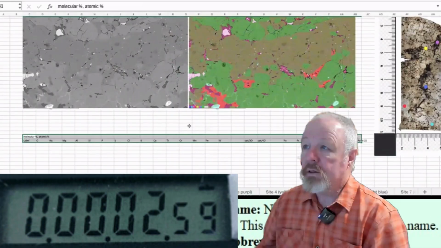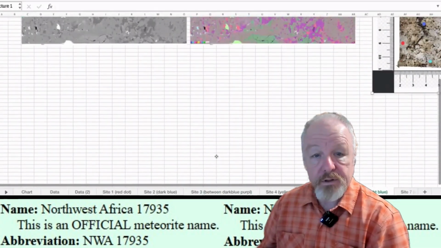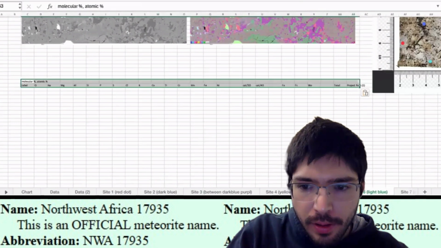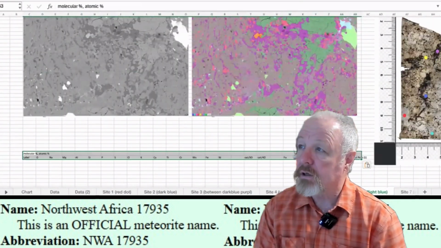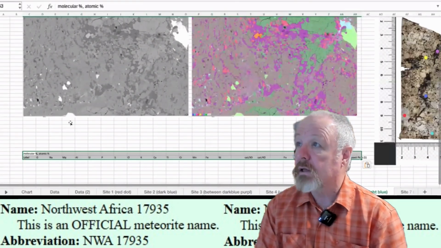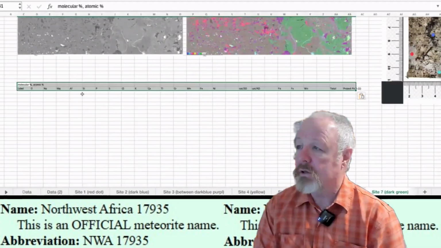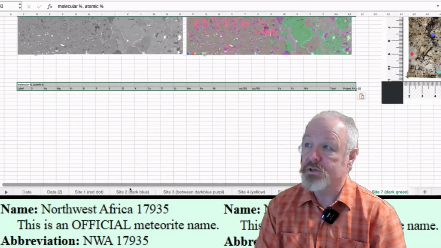Yeah, I think those are oxides. Sorry, Daniel. Go ahead, Pat. Yeah, so I think those are oxides, and they're sometimes talked about in the literature as rust halos. It's just like when you have a bolt that's laying in a mud puddle, the outside of it is going to rust, but the inside doesn't.